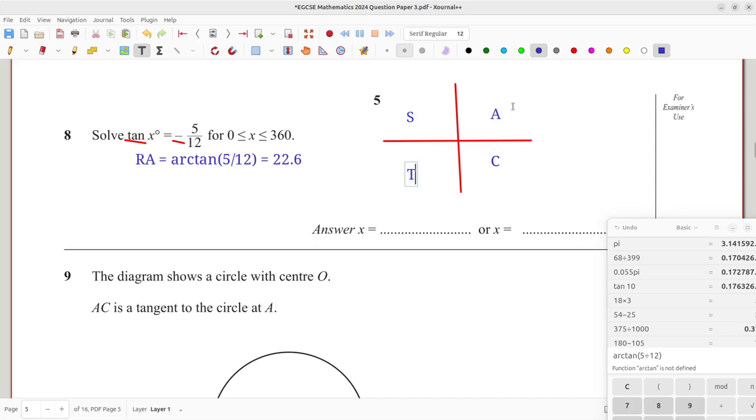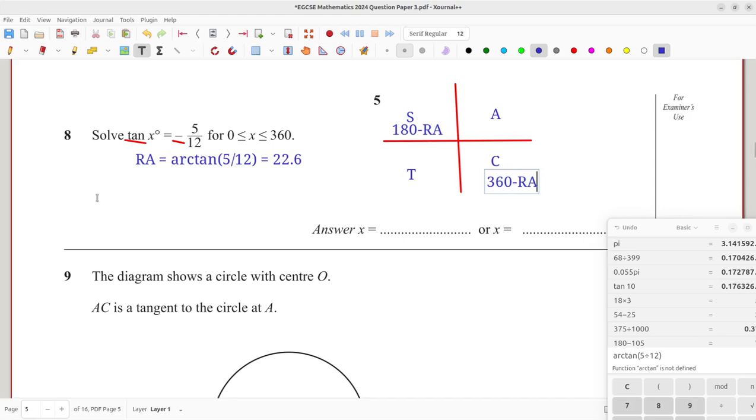So tan is positive in the first quadrant and third quadrant. So it's negative in the second quadrant and the fourth quadrant. In the second quadrant, you are going to say 180 minus the reference angle. And in the fourth quadrant, it's 360 minus the reference angle.